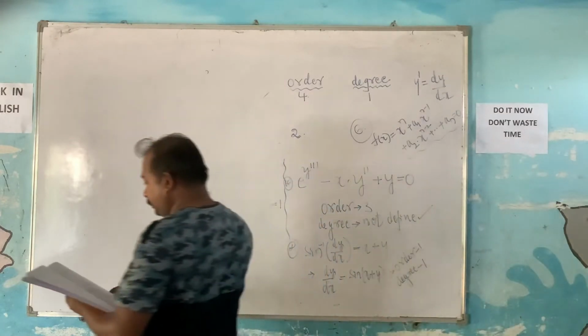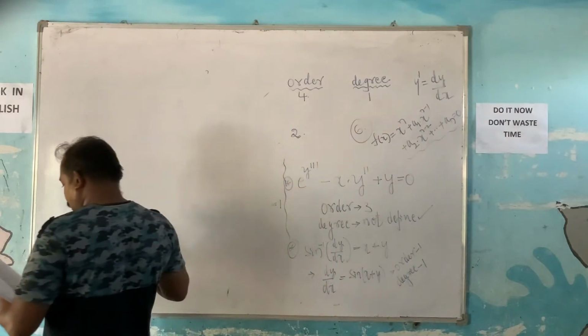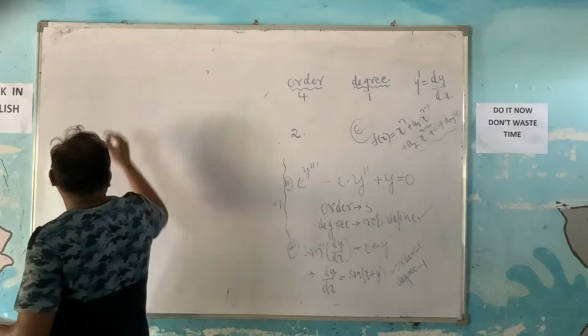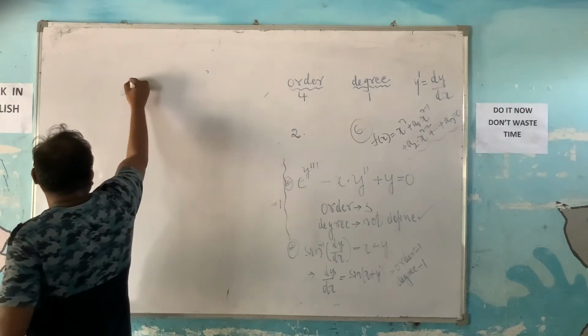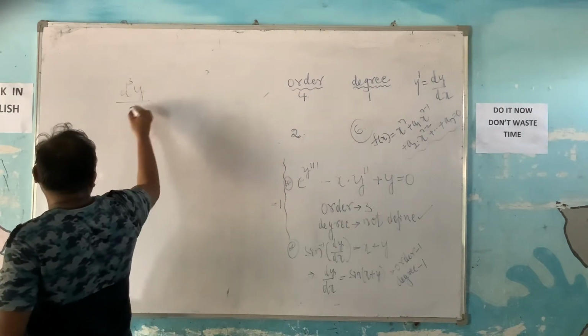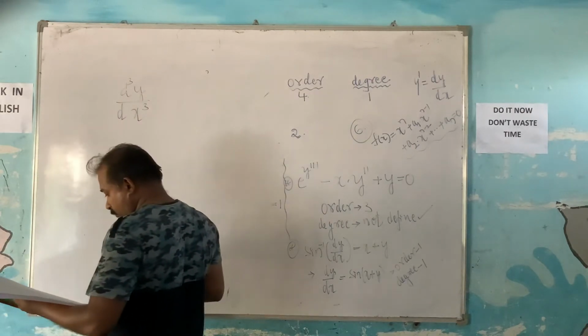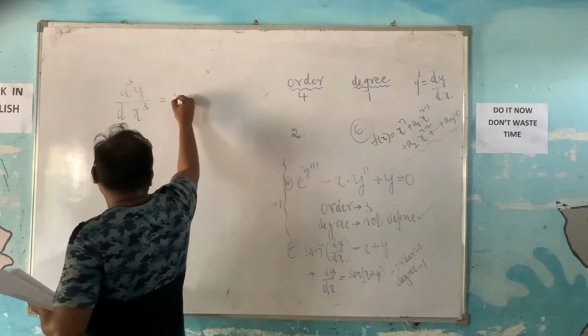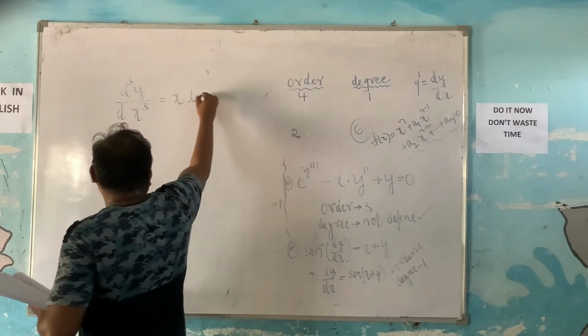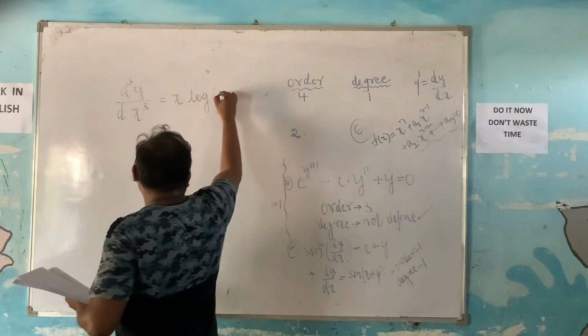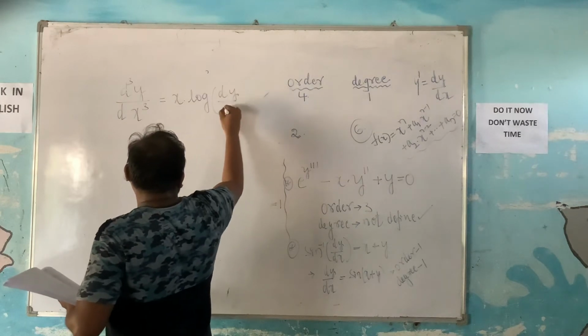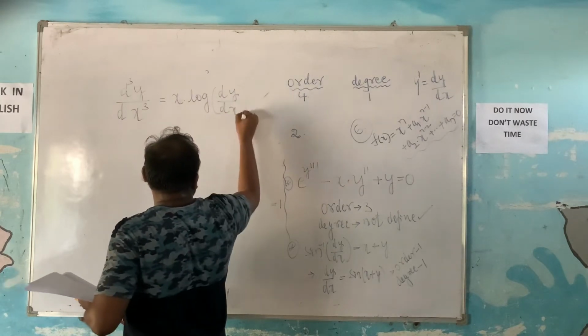The next example is d cube y by dx cube equal to x into logarithm of dy by dx.